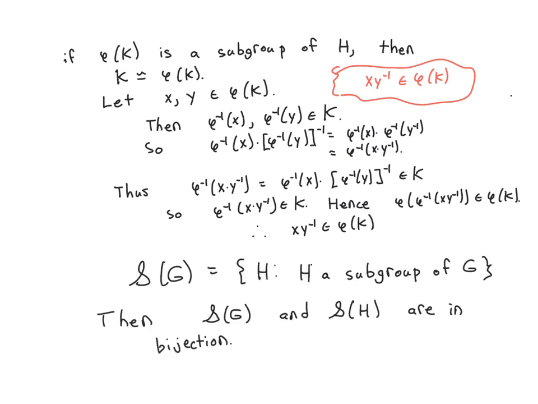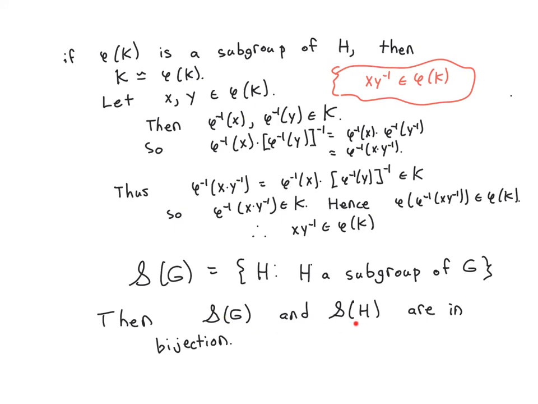So this starts to lay out a stronger fact. If you let S of G be the set of subgroups of a given group, then when G and H are isomorphic, the collection of subgroups are in bijection with each other. Because each subgroup of G is isomorphic to a subgroup of H. And literally it's a one-to-one correspondence.